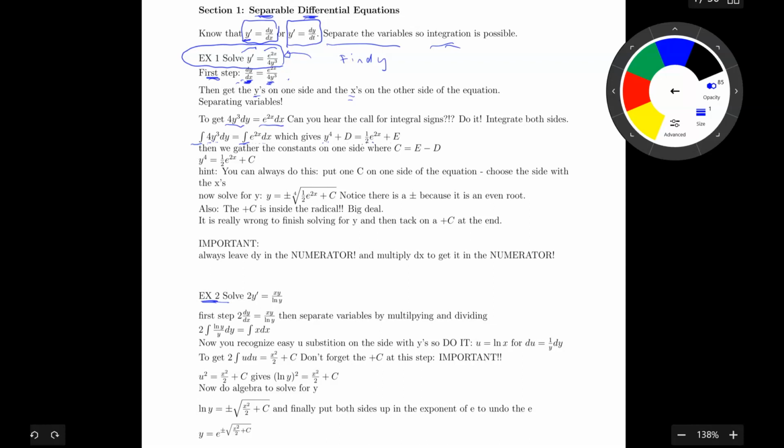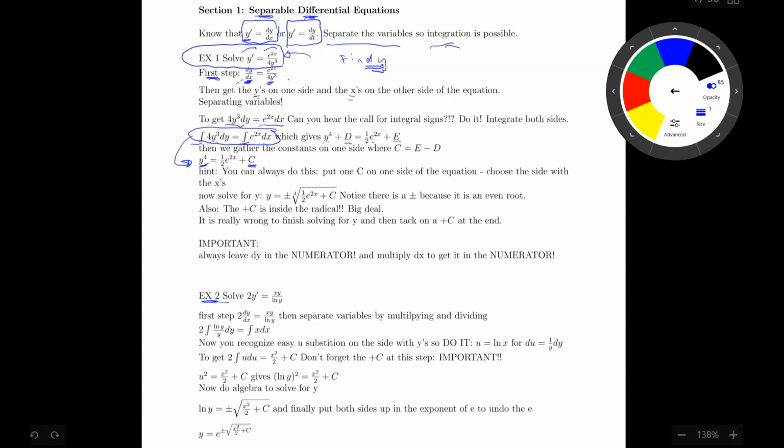We're always going to gather the constants to one side, and since I know I want to solve for y, I'm always going to put the constants on the side with the x's. So you could just skip this step, take the antiderivative, and go right from here to here. Say y to the fourth. Don't put a constant on this side.